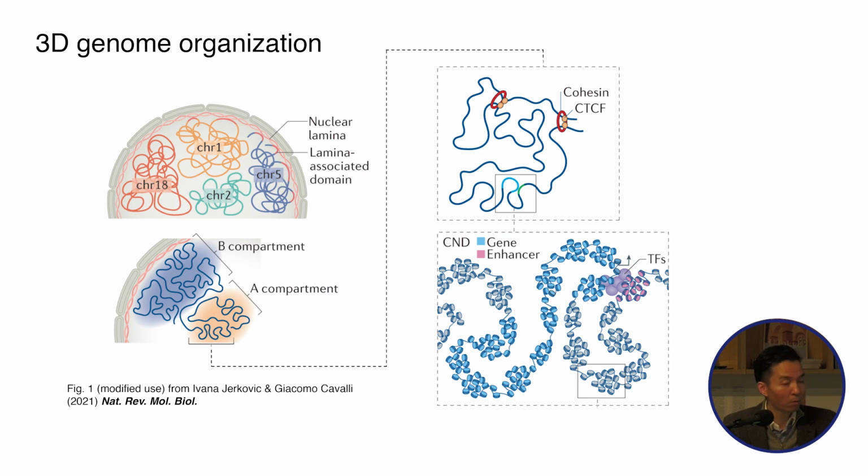And those compartments are partly fixed by an important factor, CTCF, or CCCTC binding factor, as an anchor of DNA loops. Within the loop, as I told, transcription factors can interact with transcription start site to initiate and promote gene expression.